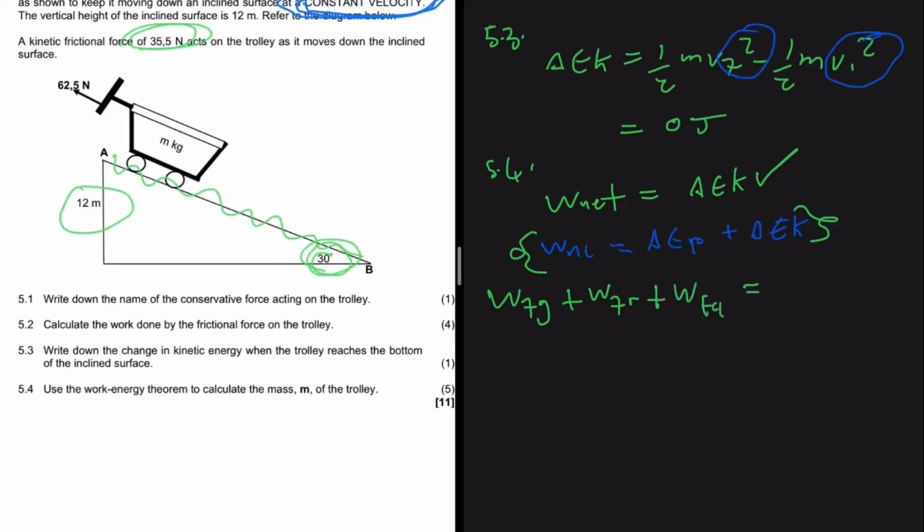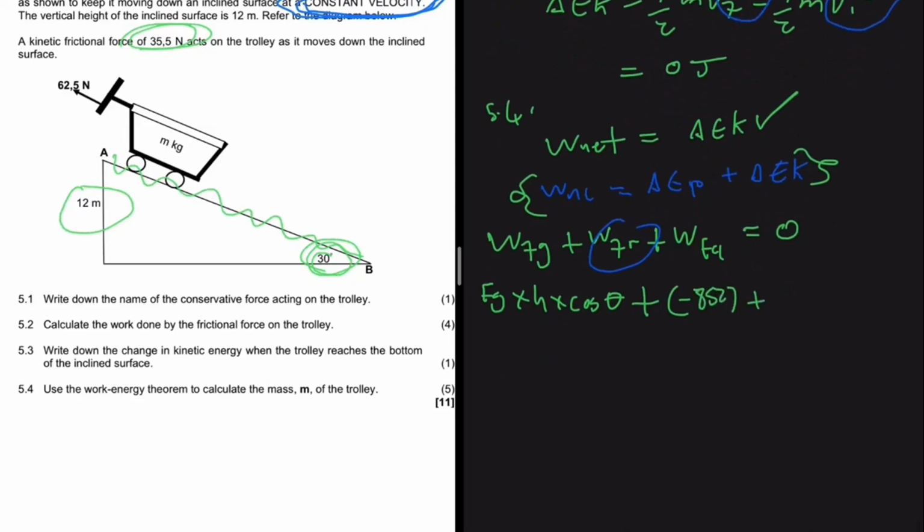And this is equal to the change in Ek. But we know what that is: it is 0. Apart from that, we know the work done by friction, which we just calculated in 5.2. So what is the work done by Fg? The force of gravity multiplied by the height, and then cos of the angle, plus the work done by friction, which is minus 852, and then plus the work done by the force applied.